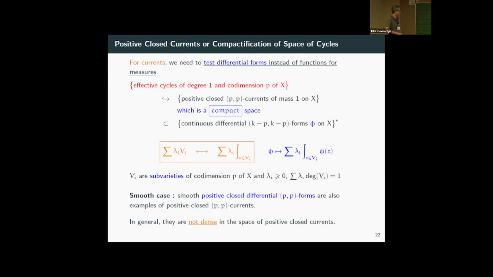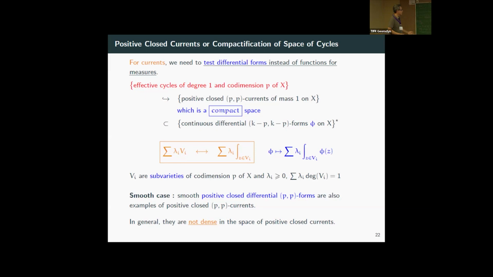And for this combination, you can associate this operator. So the sum of lambda_i and the integral on V_i. So it's similar to taking the Dirac mass at a point. Now you take the integral. So for Dirac mass, you test function. For variety, you test form. So you take the integral of form on variety.